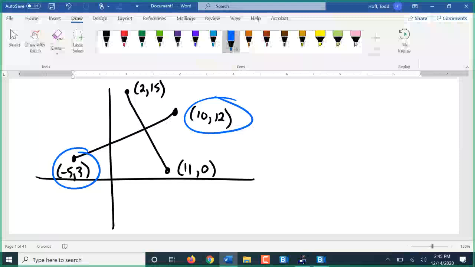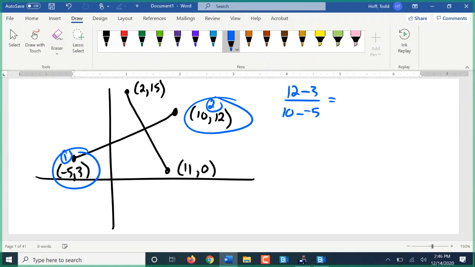For that segment, the slope, if I call this point 1 and point 2, is 12 minus 3 over 10 minus a negative 5. 12 minus 3 is 9. 10 minus a negative 5 is plus a positive 5 is 15. And that reduces, 9 and 15 divided by 3 give me 3 over 5.